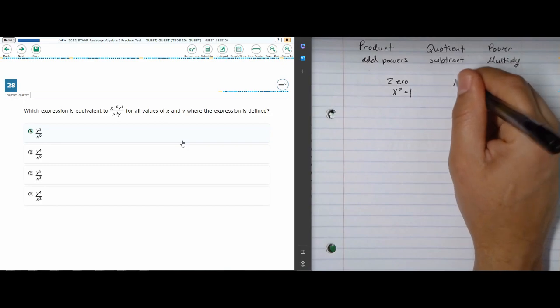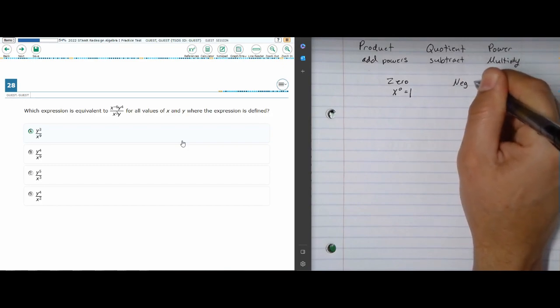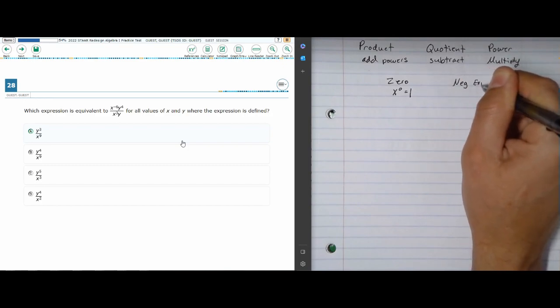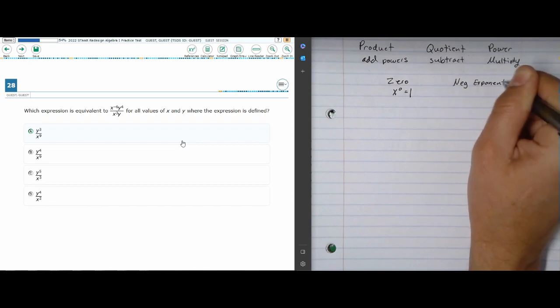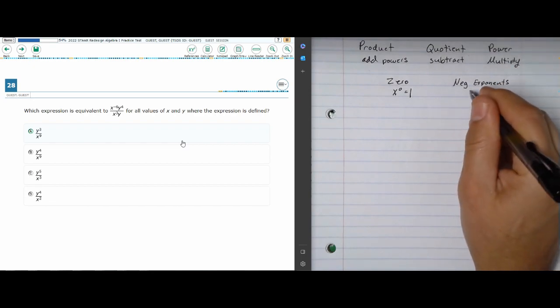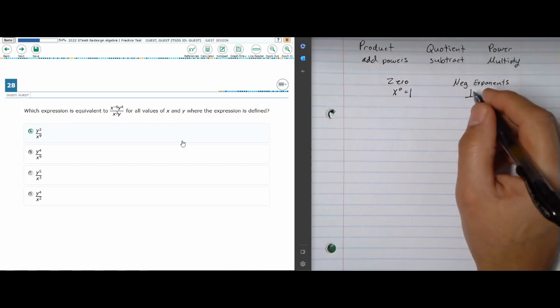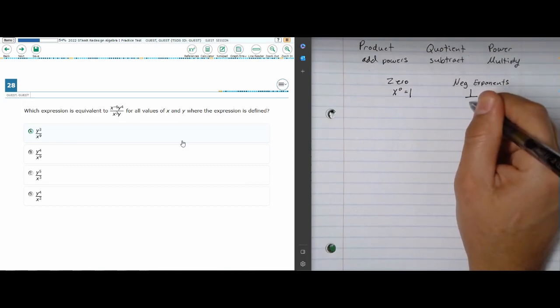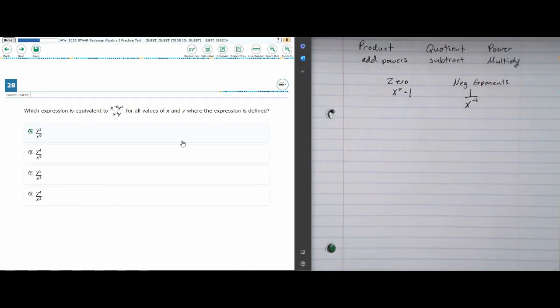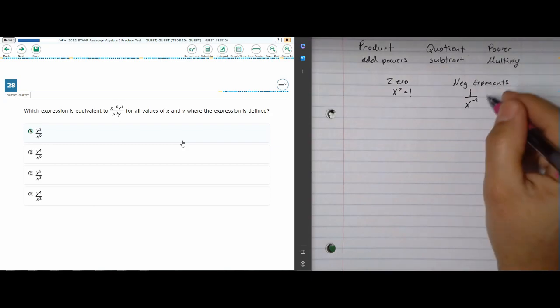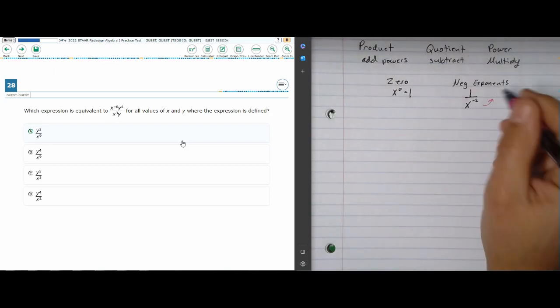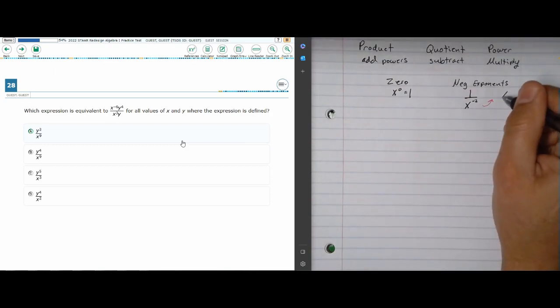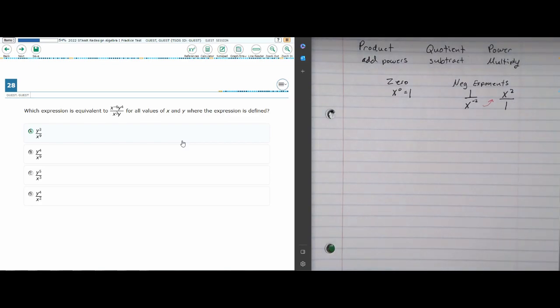And last of all, we had our negative exponent rule, which says if we have an exponent and it's negative, for instance, if we had x to the negative 2, we can simply take that exponent and flip its position on the fraction, and it turns it positive. And vice versa. So those are all of our rules that we learned in class.